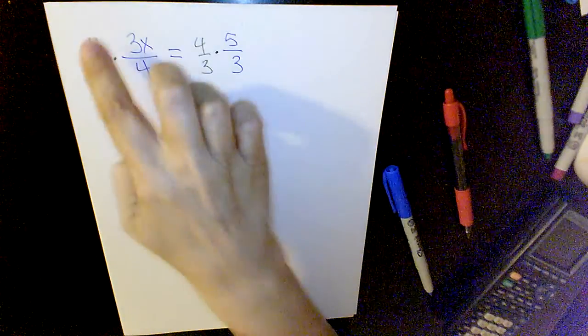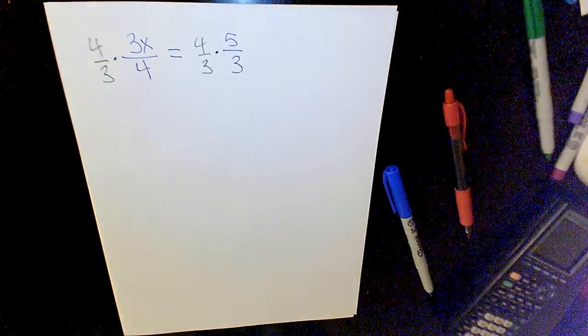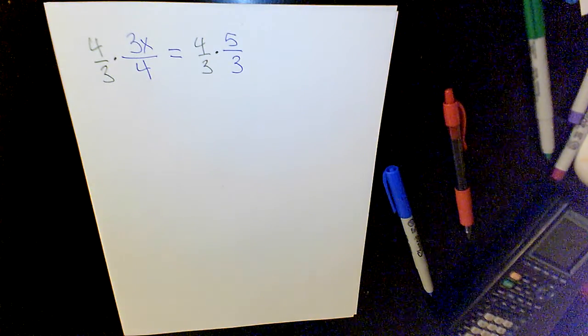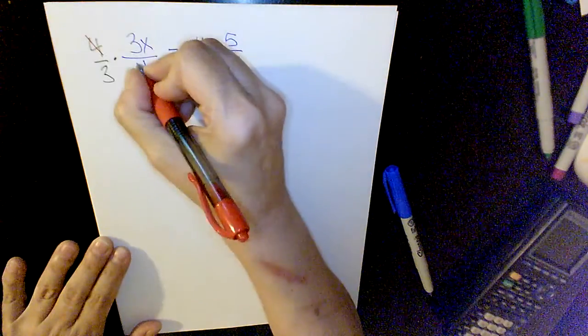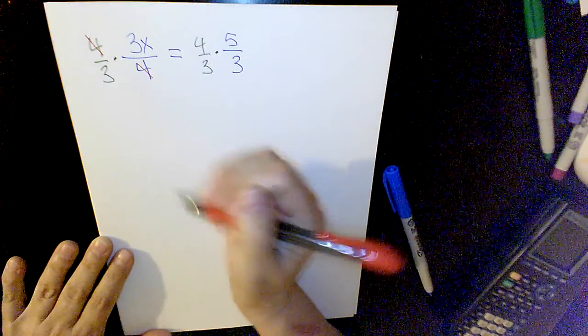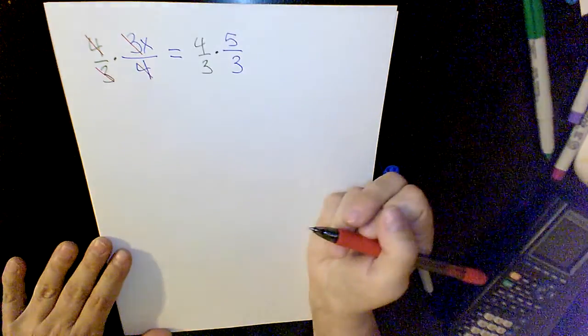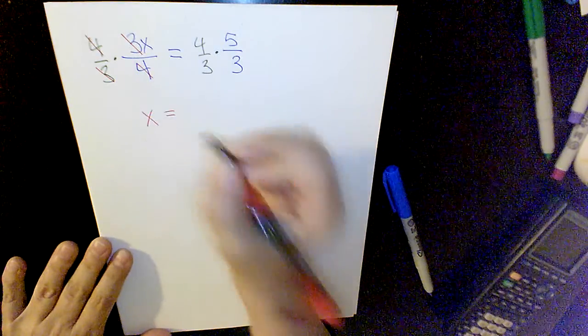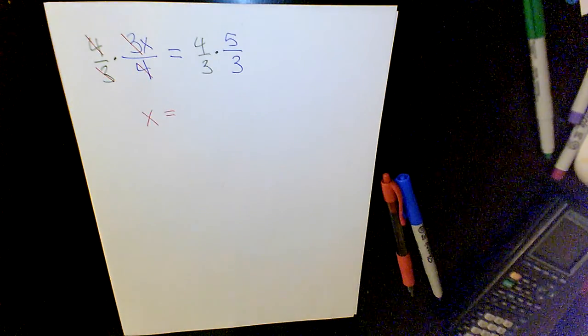So looking along the diagonal here, both diagonals, I see numbers matching up, so I can cancel those out. So 4 can cancel, 4 can cancel. And then the 3's can go also. And what's left is just x on that left-hand side.